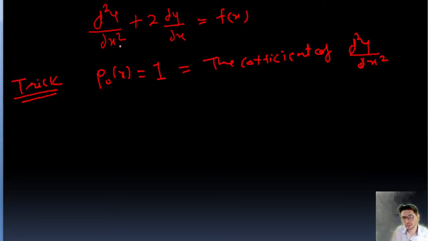In this differential equation we can see the coefficient of d2y over dx square is 1, so we can use the Green function here. We can use the trick for solving the Green function.